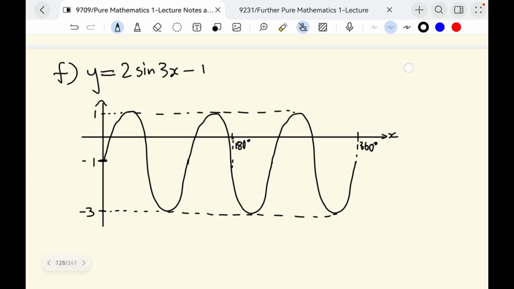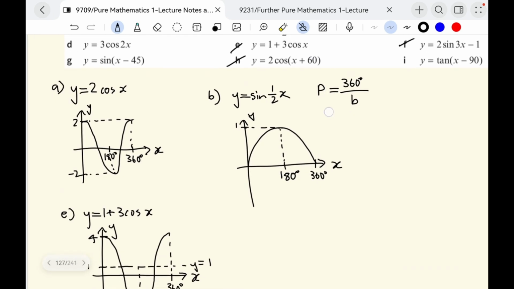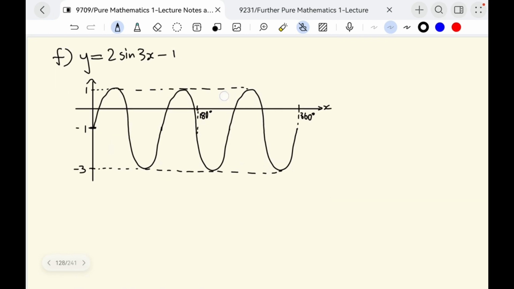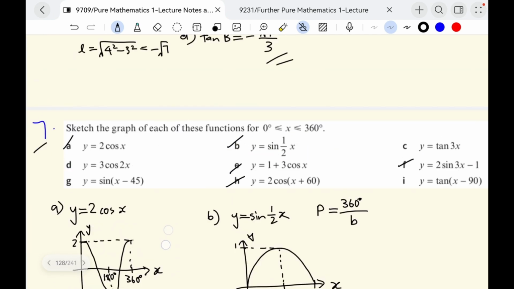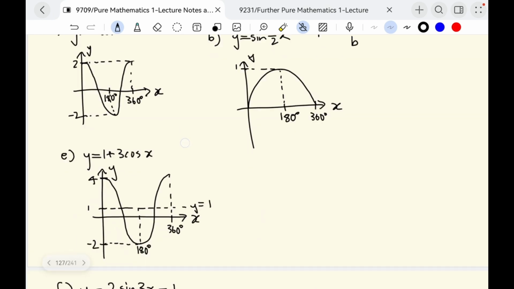All right. Okay, move on to the last part of this question we are going to discuss today. Part H. y equals to 2 cos (x plus 60).